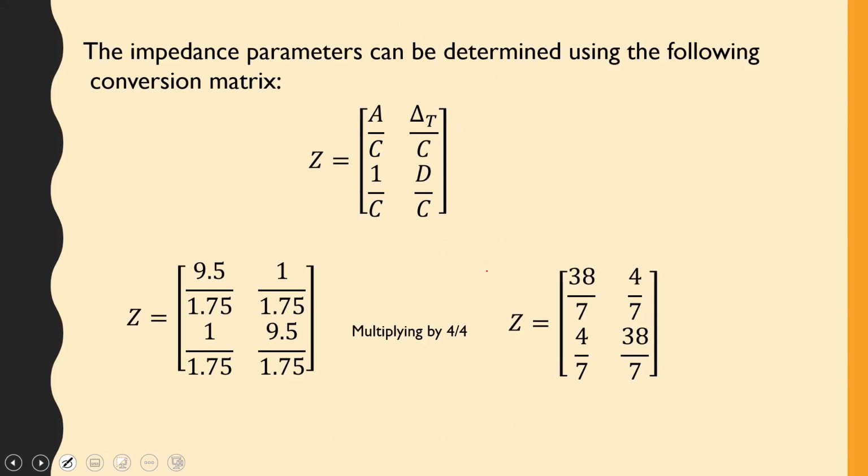So in a sense, what we're saying is that depending on how complex the network looks, you can break it down into series, parallel, or cascade connections and use the appropriate parameters to simplify or to determine the overall set of parameters.